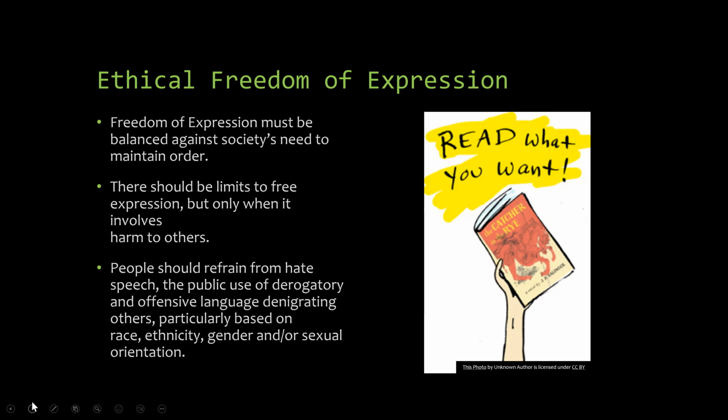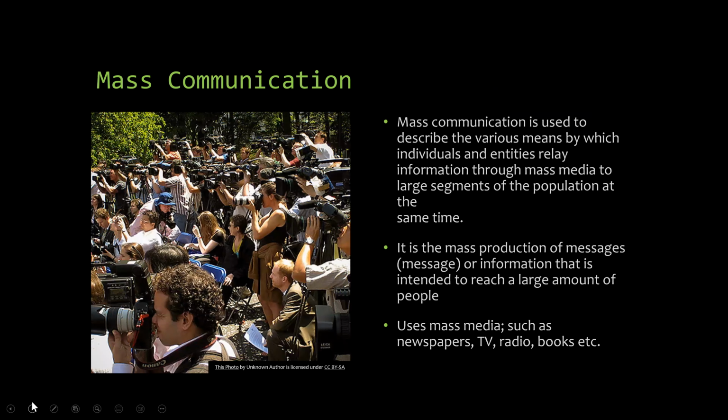And then again, refraining from using communication as a weapon. If we know it's going to hurt someone, do we really want to use that language knowing it's going to hurt someone? And so, again, referring back to the responsibility that we have with this freedom.